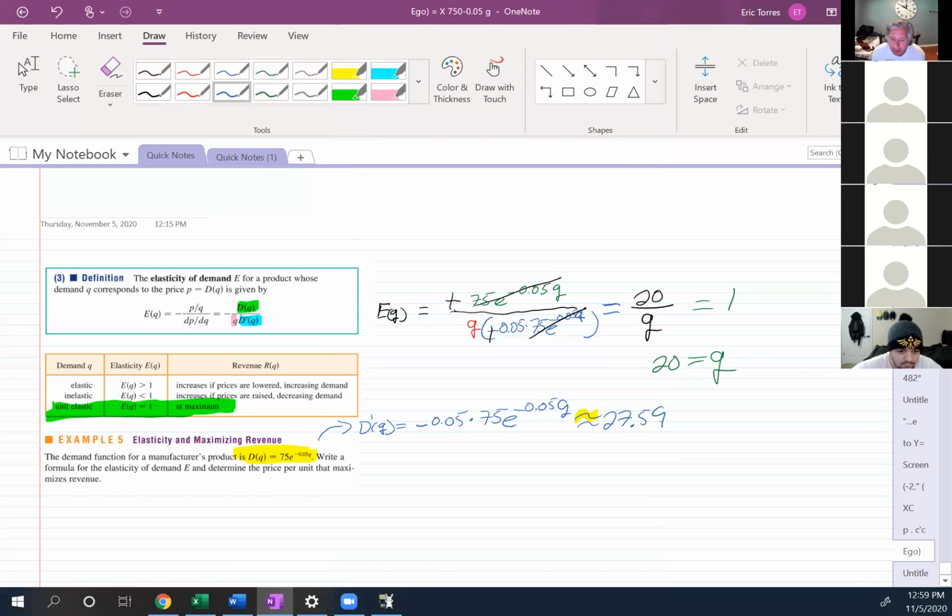When my price is 27.59 and a quantity of 20, that will maximize my revenue from all of this.